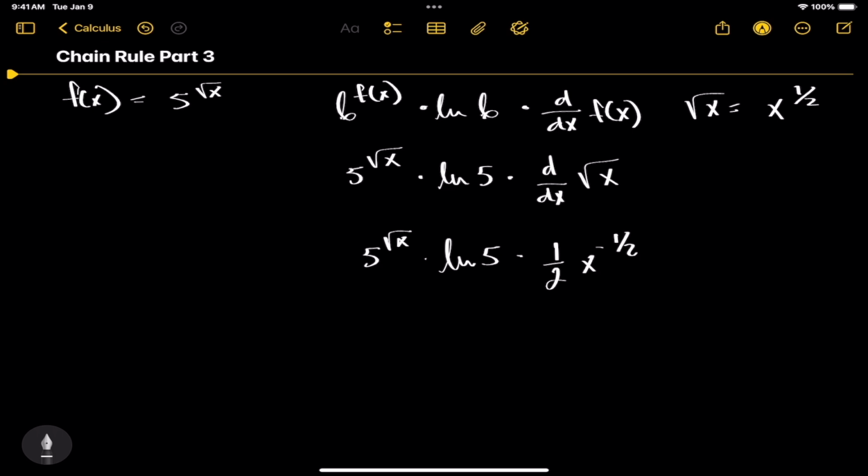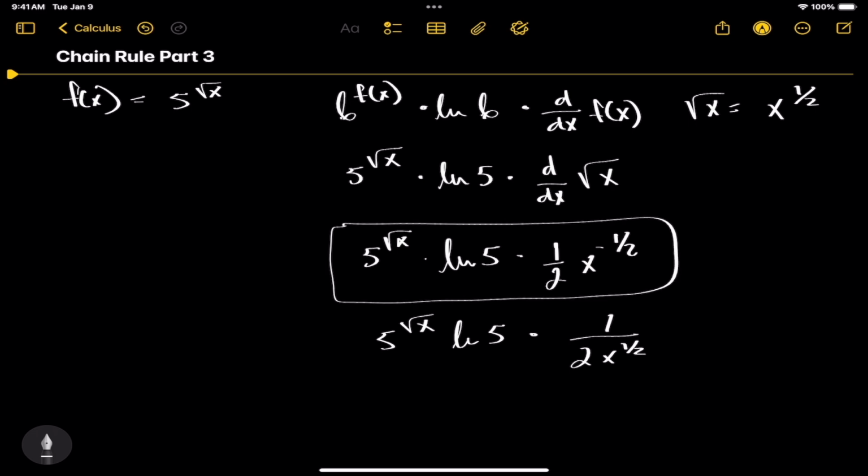And that is it. Of course the inner function was x, but the derivative of x is just 1, so that's why we're not going to write the derivative there. You could write that right side here, the one with the half, as times 1 over 2 root x if you want, but I like to just keep it like this.